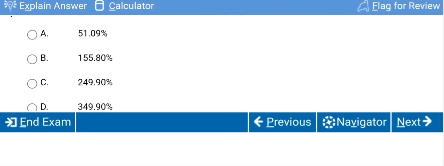Option A, 51.09%. Option B, 155.80%. Option C, 249.90%.